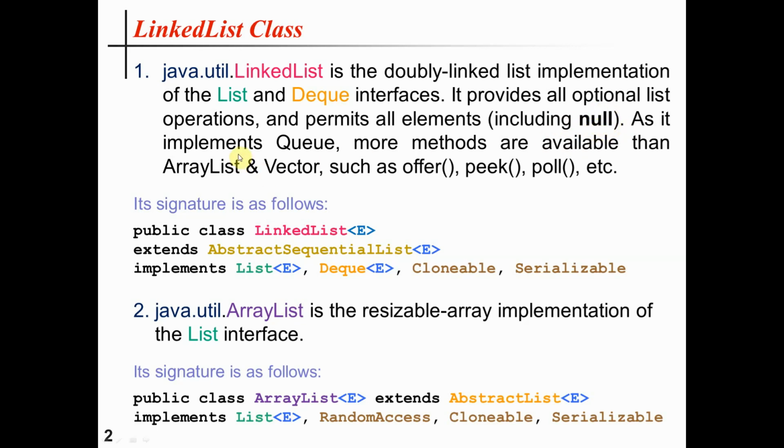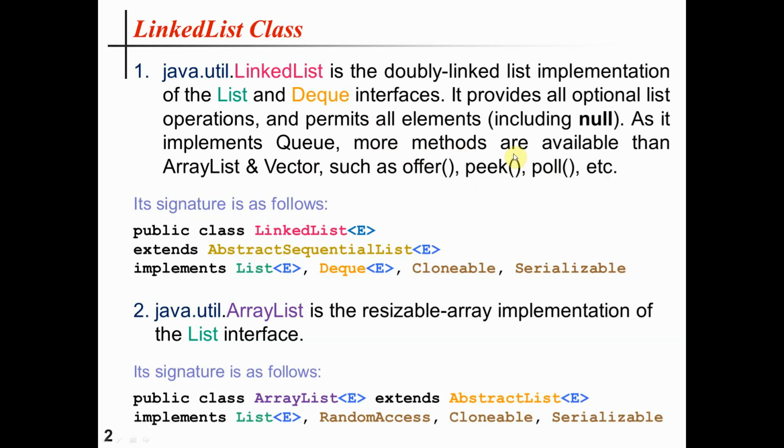As the LinkedList class implements Queue, more methods are available than ArrayList and Vector, such as offer, peek and poll, etc. So these methods are basically obtained from the Queue interface.